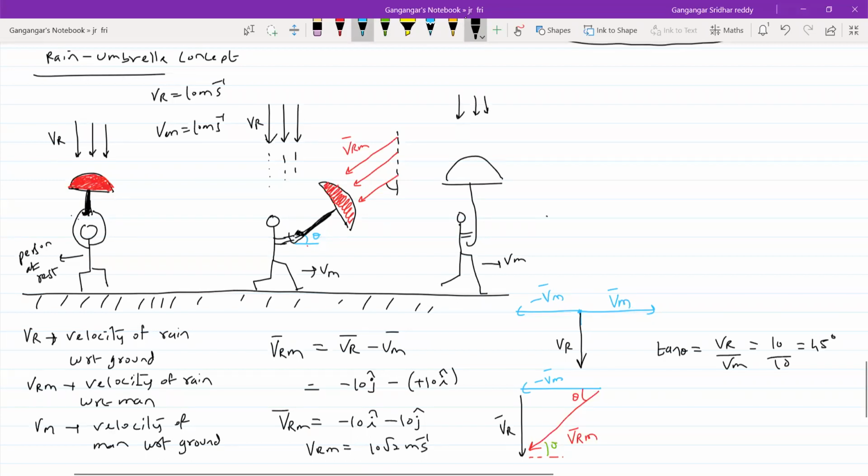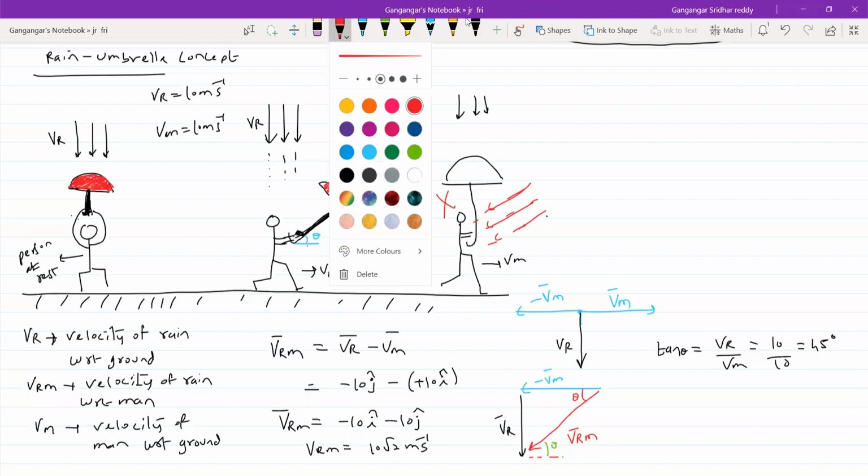The rain will come from the front and it will wet him. This will be the wrong thing. Sir, if he wants to get wet, then better not take out the umbrella. Why struggle so much? Not to get wet is the condition I'm discussing. To avoid wetting is what we are discussing.